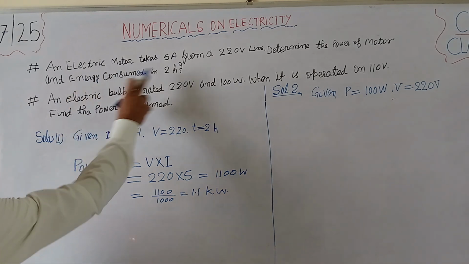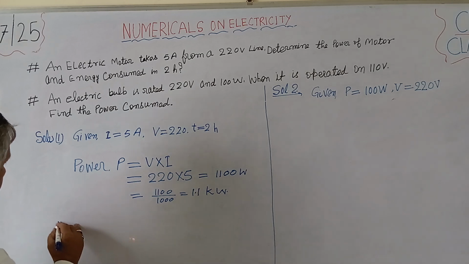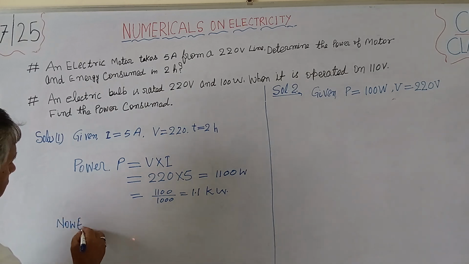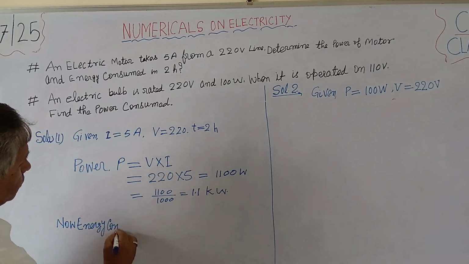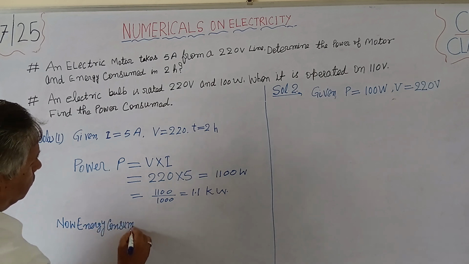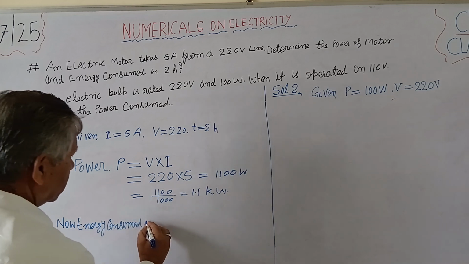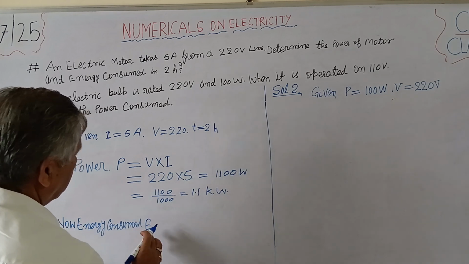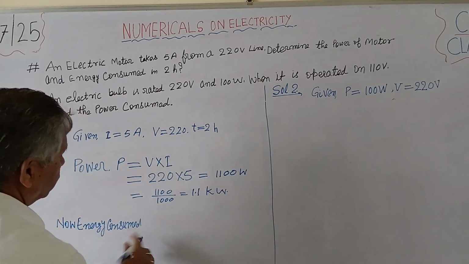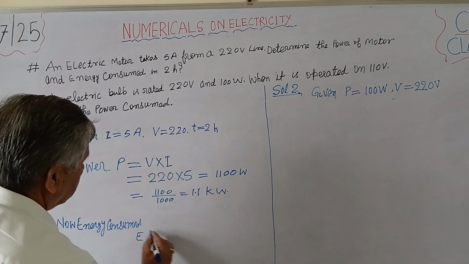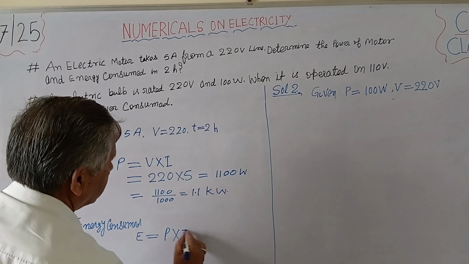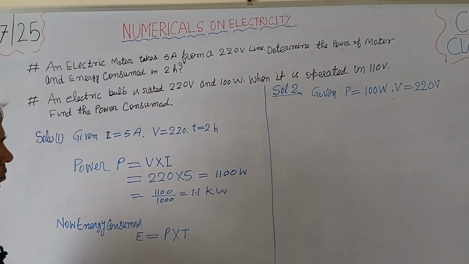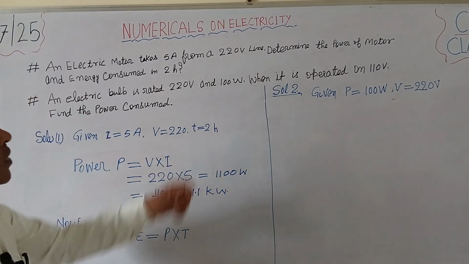Now we will calculate the energy consumed, that is E. We know the formula, energy consumed E equals P into time. That means for what time the motor has run.